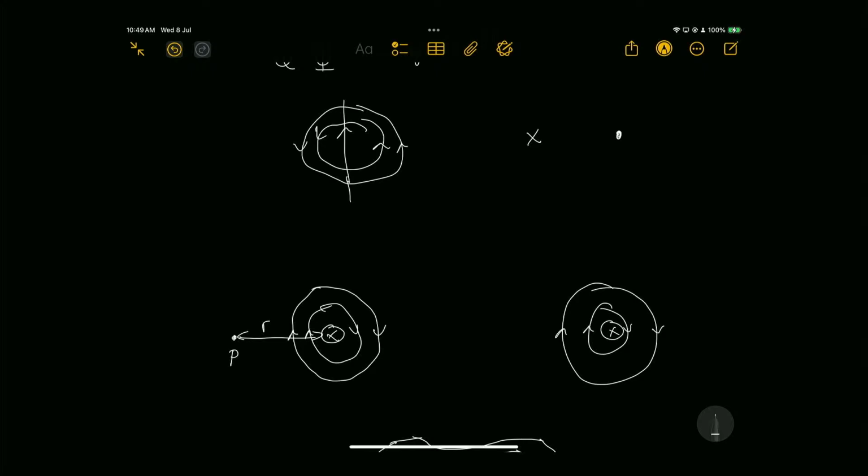What is the formula for the magnetic field? B is equal to... Is it mu naught I over pi r?